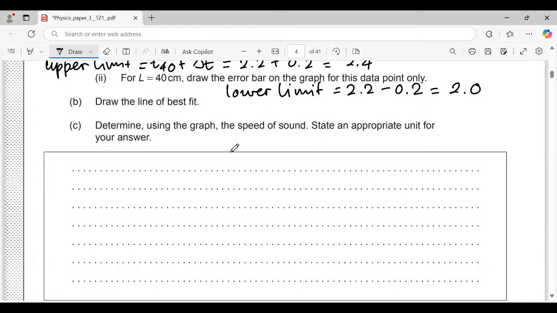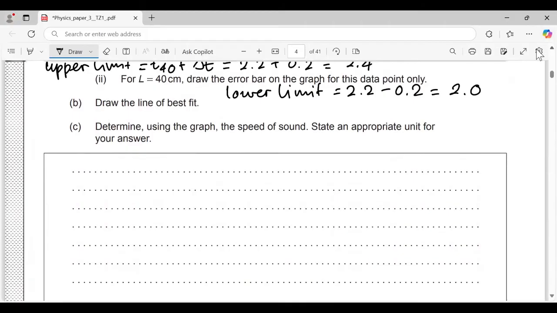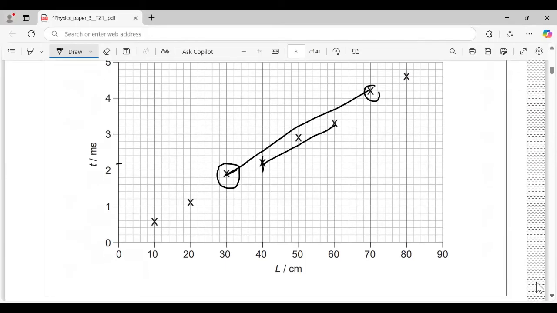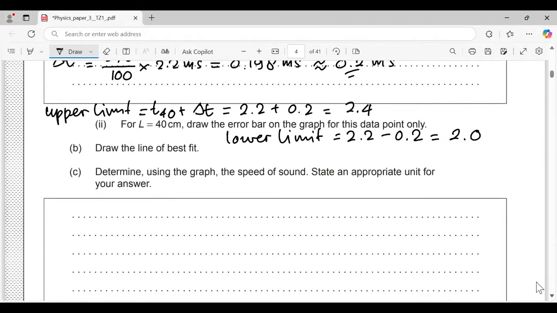Determine using the graph the speed of sound, and state an appropriate unit for your answer. I will use this point, 30 and 1.9, while this one is 70 and 4.2, right?